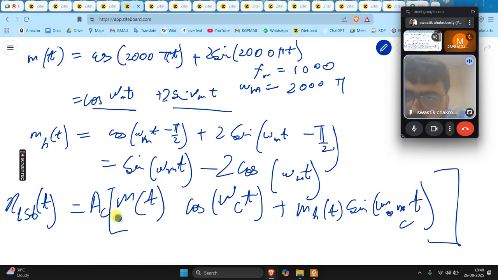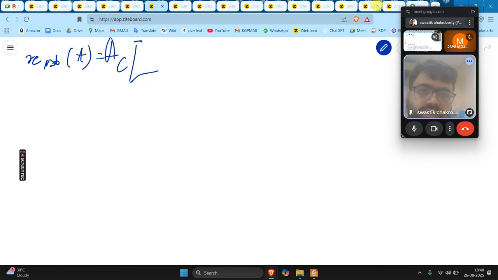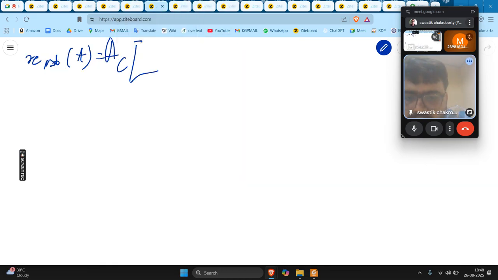Now we will just expand this. So x_LSB(t) is Ac times cos omega c t and this one is cos omega m t plus 2 sin omega m t. One term will be cos omega m t cos omega c t.